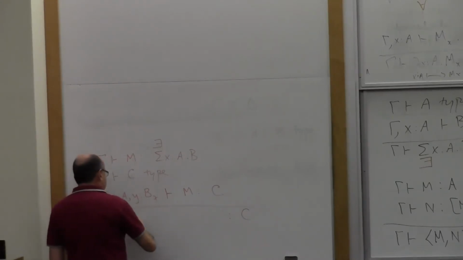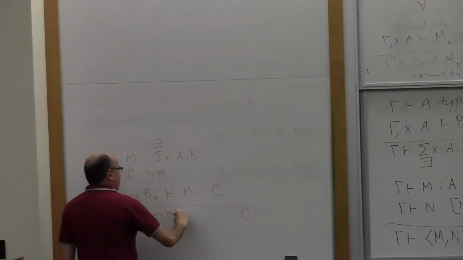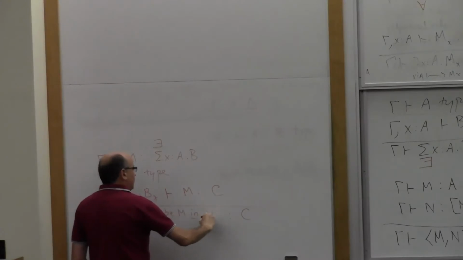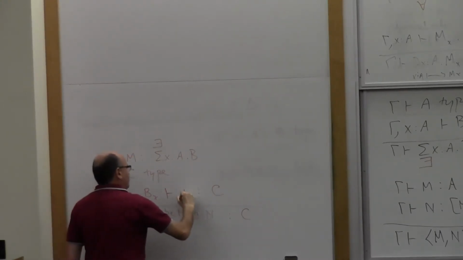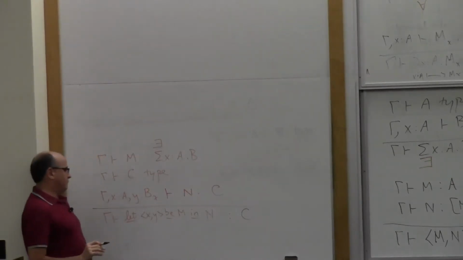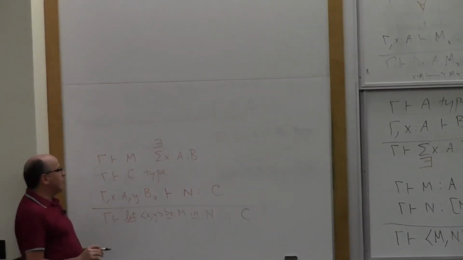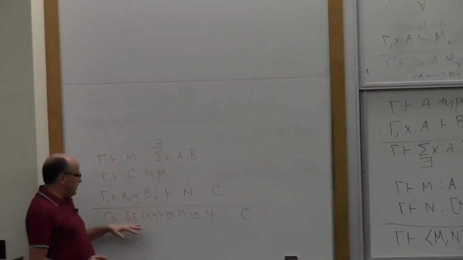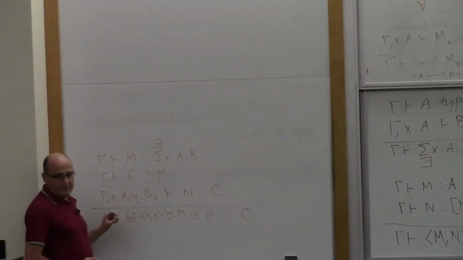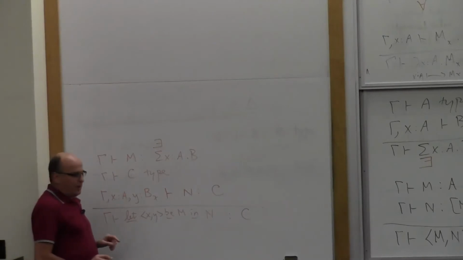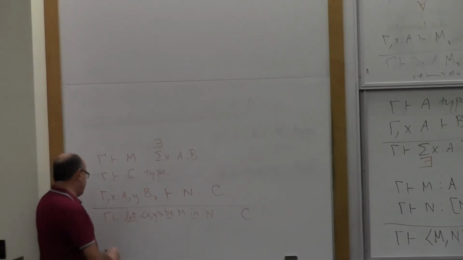There are many ways to write this, but it amounts to something like let x, y be M in N. That would be your typical mode of reasoning, suppressing the proof objects, in a typical formulation of logic. Your exercise is to show that that's derivable.